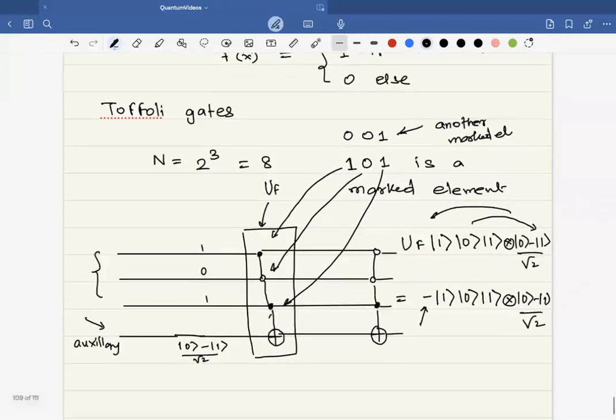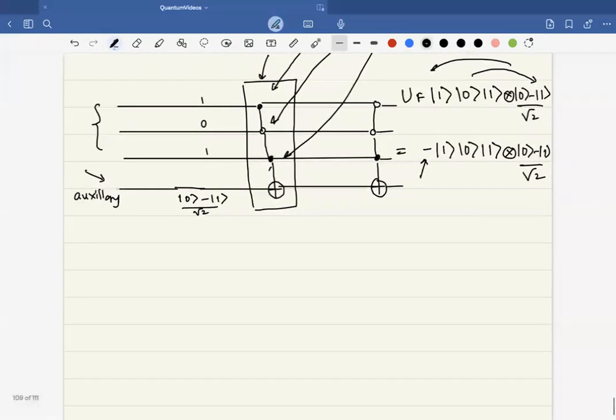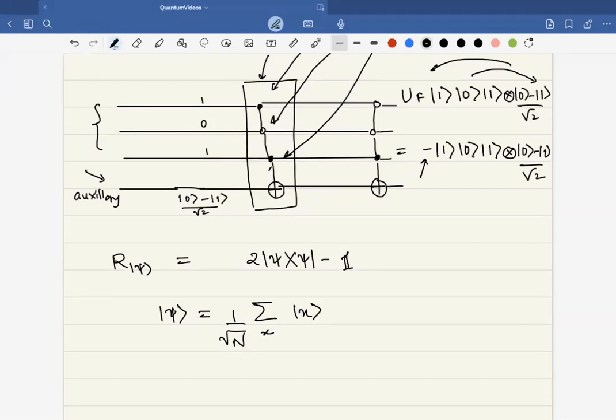Now, what about R of psi? Recall that R psi was a reflection about the vector psi, which is the uniform superposition, where psi is the summation over x. Notice that Hadamard tensor n applied on 0 is equal to psi.